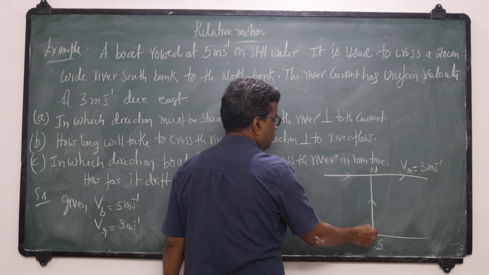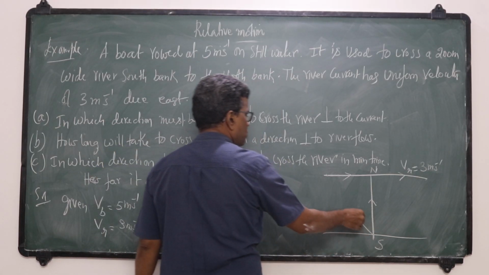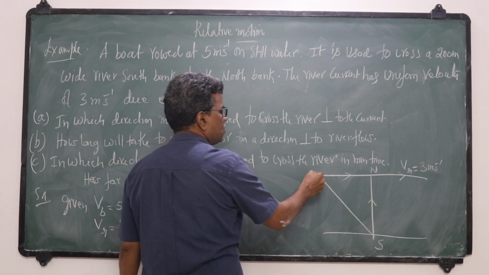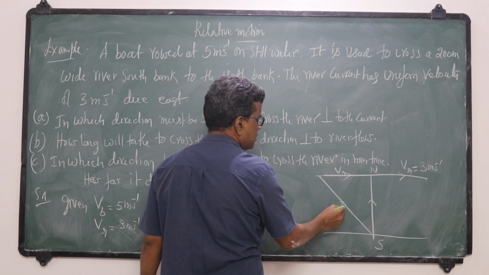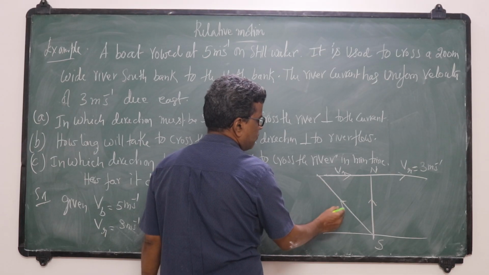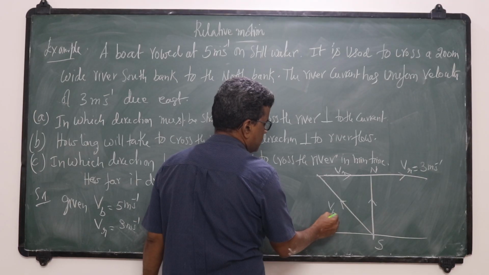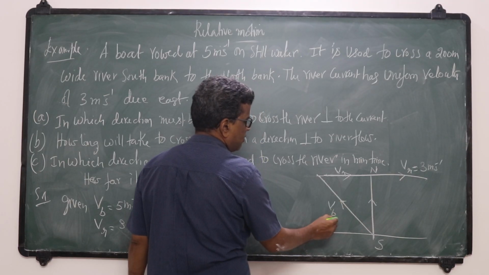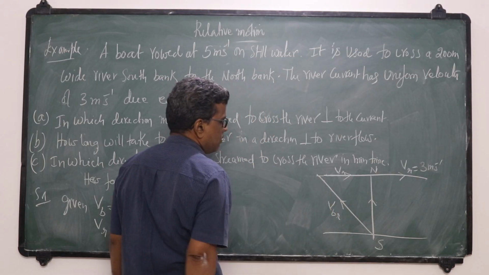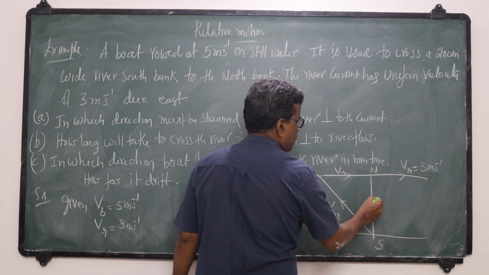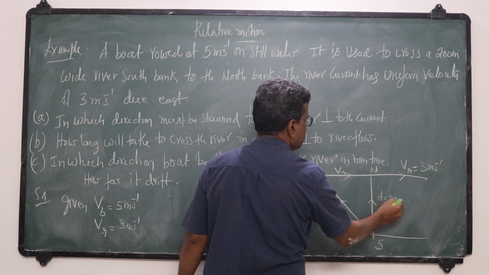He wants to go across, so in which direction should the boat be rowed? He should row in this direction. So this is VR, the velocity of the river, and this is the velocity of the boat with respect to the river, still water, VB. Both are the same here. The width of the river is 200 meters.